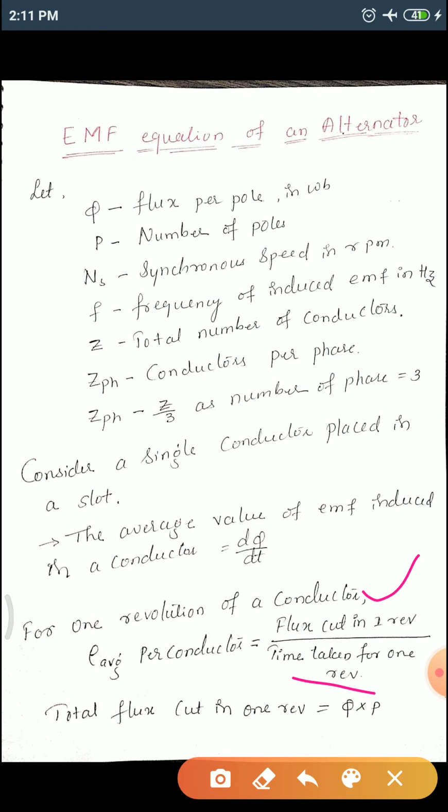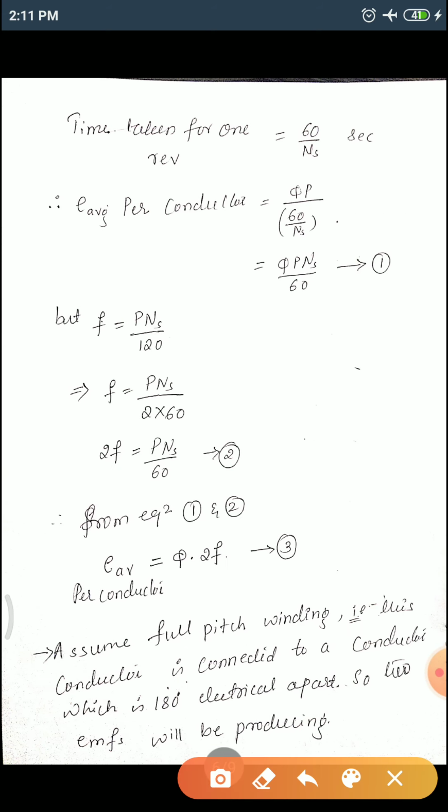Total flux cut in one revolution will be equal to phi into the number of poles, P. Next, the time taken for one revolution is 60 by Ns.